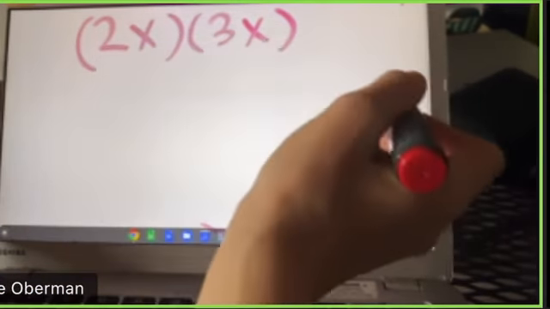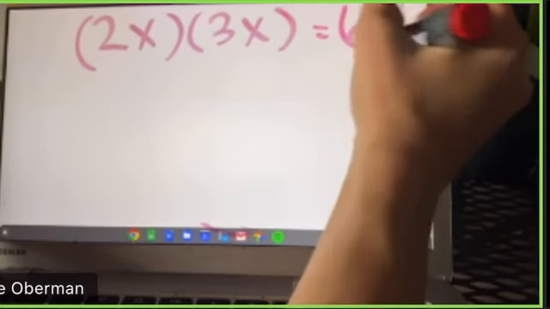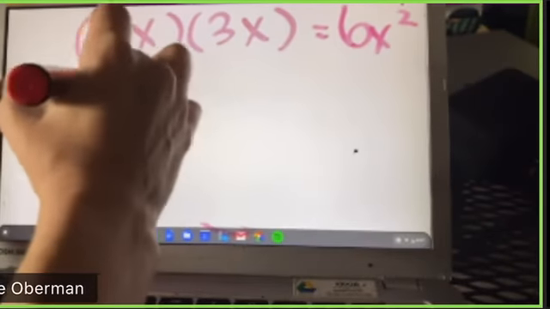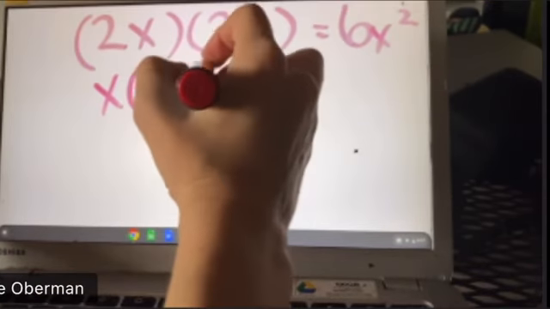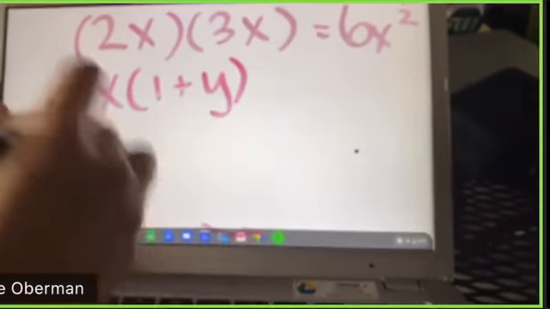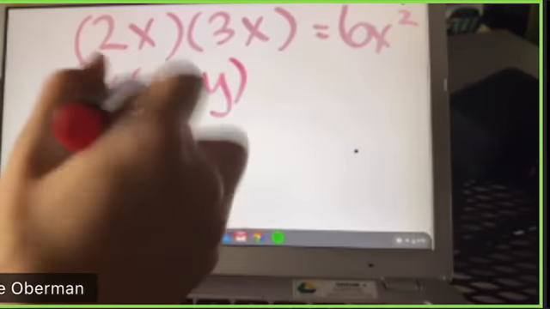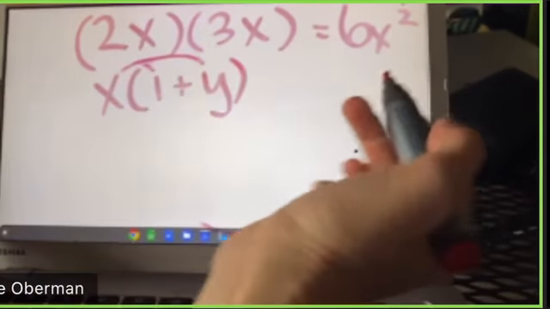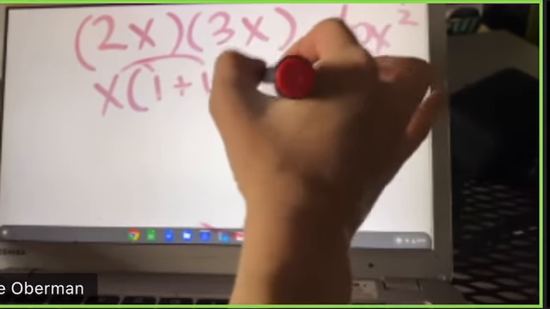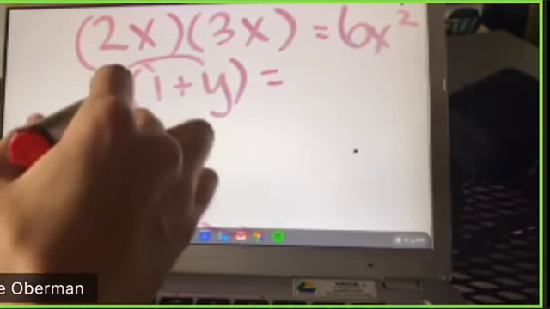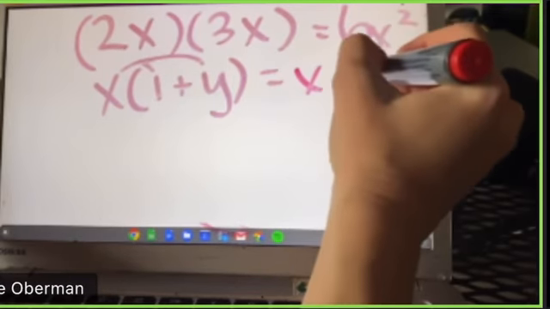We just end up with like 6x squared, right? And then we practiced today, let's say we had a monomial times a binomial. In that case, we were just distributing. So that wasn't really FOIL at this point. It's before we learned FOIL, and we don't need FOIL yet because there's only one term here. So then we get x plus xy or yx. Right.